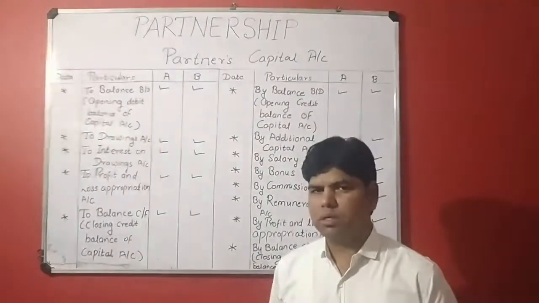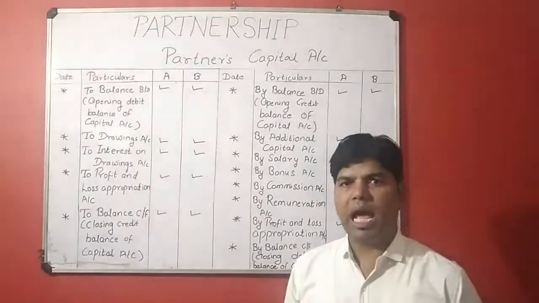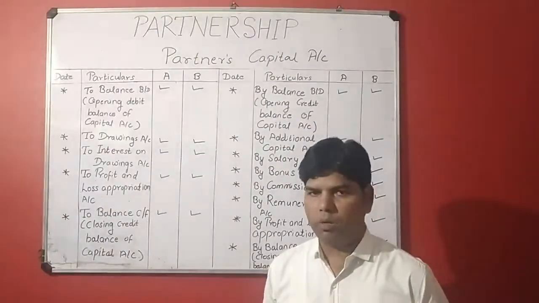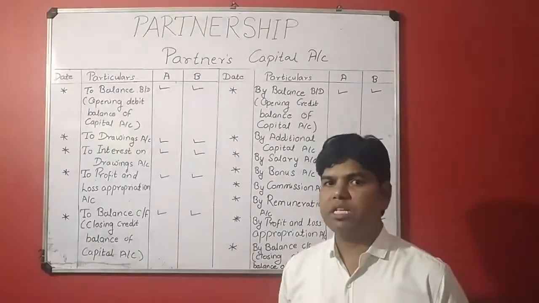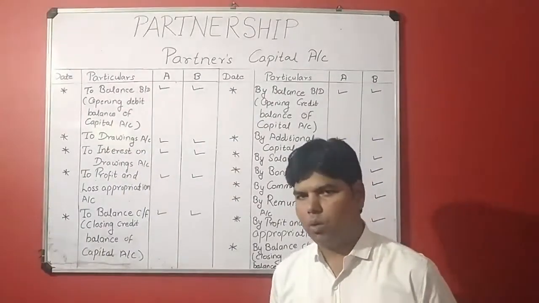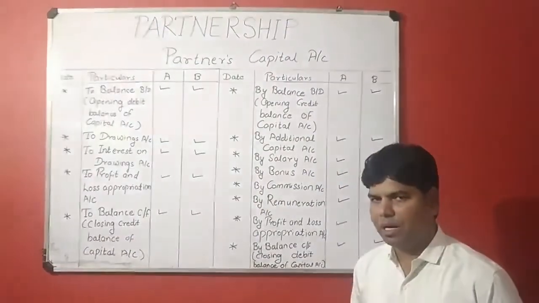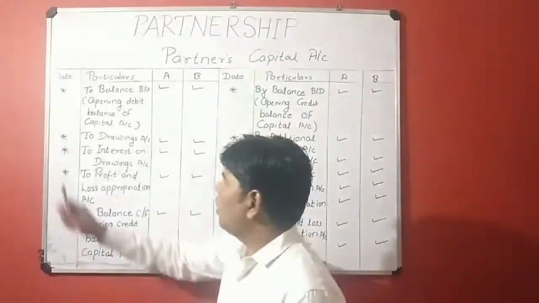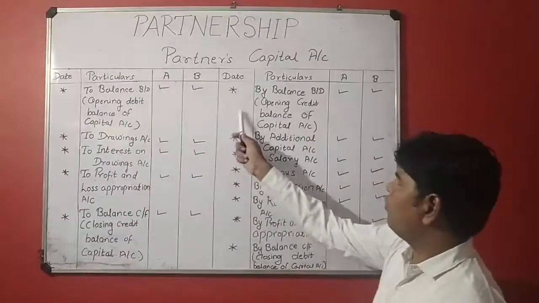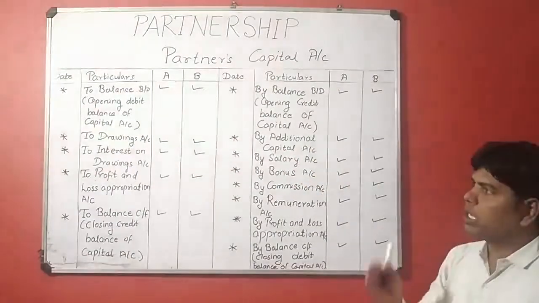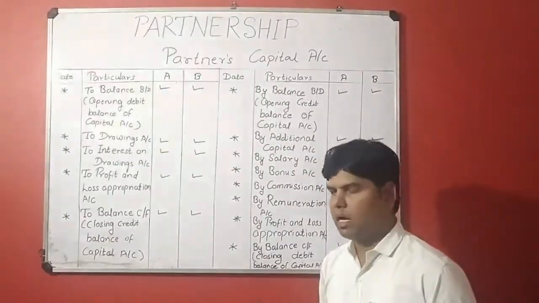Let us understand this more with the help of a specimen of the capital account, to see what things will be included in it. Students, this is the specimen of the partners' capital account. 1, 2, 3, 4, 5, 6, 7, 8. A total of 8 columns are maintained in this account.